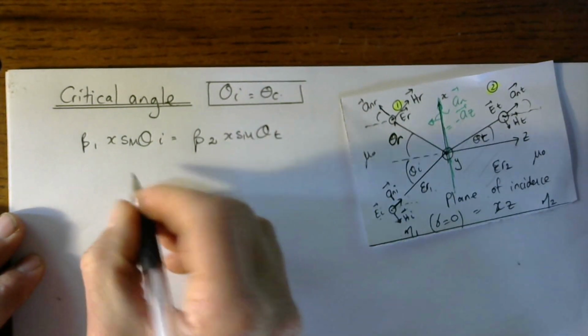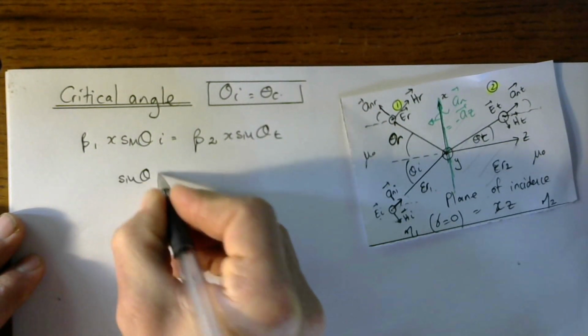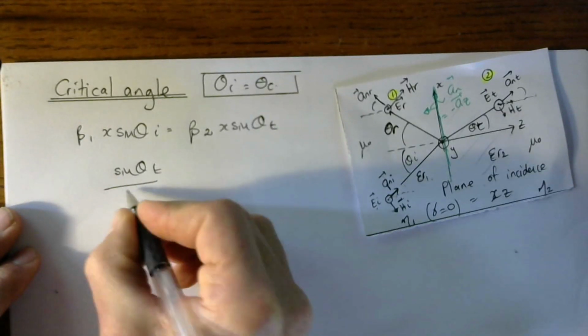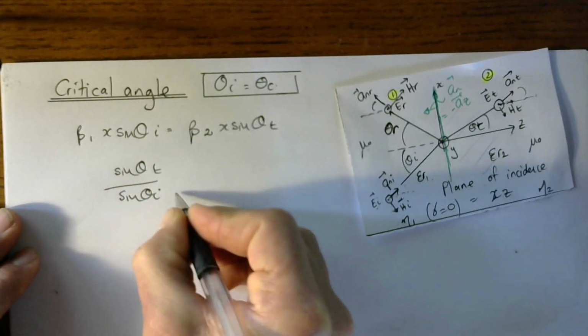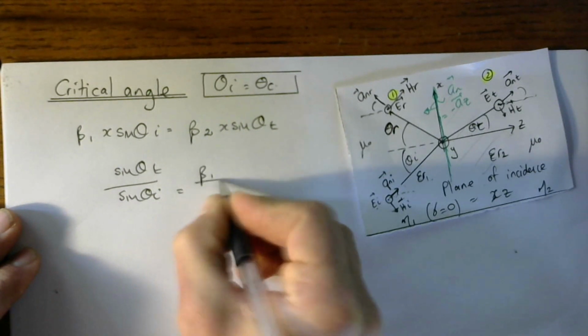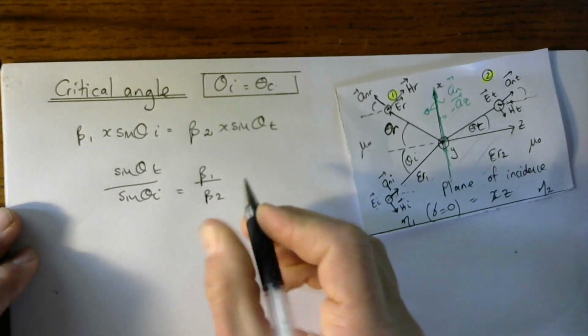Alternatively, I can also write this as sine theta t over sine theta i equals beta 1 over beta 2.